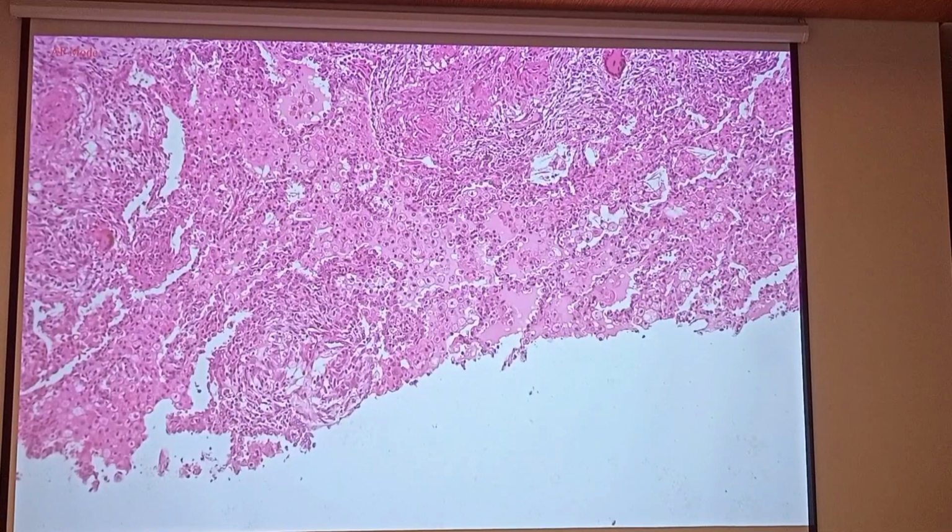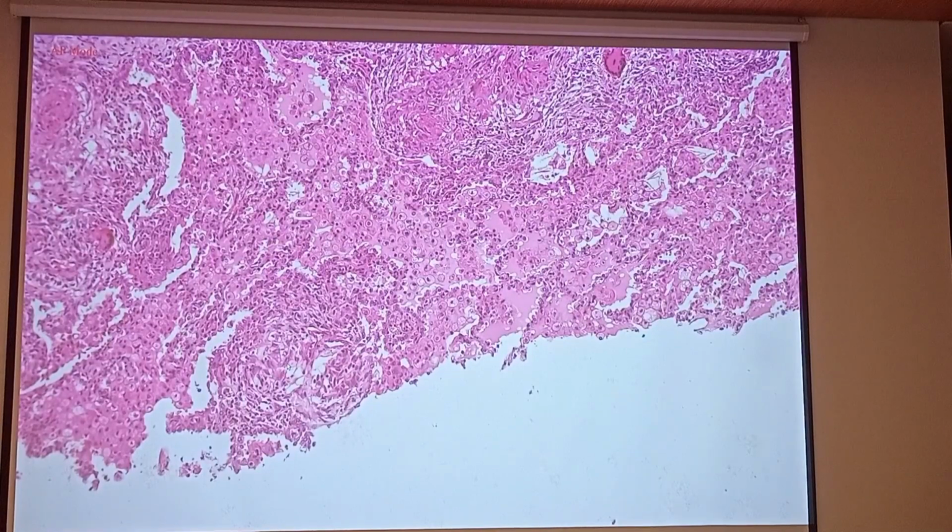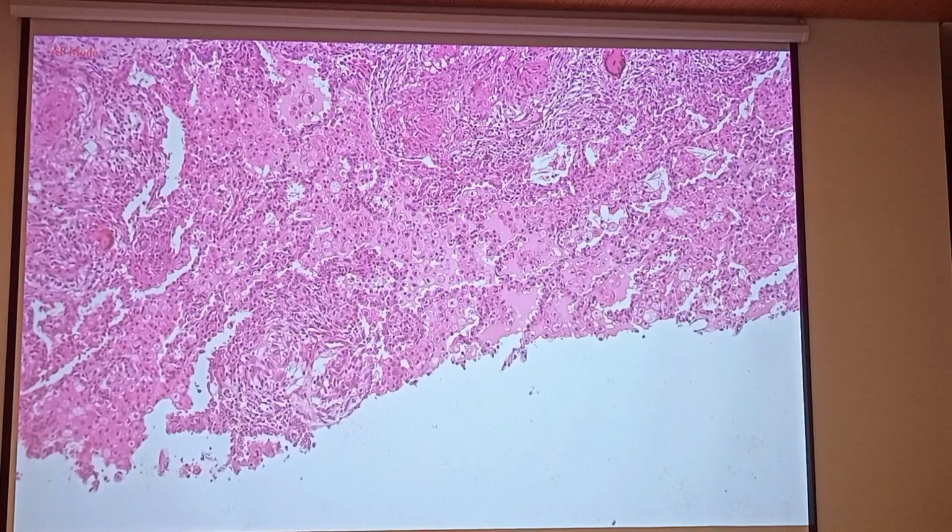But if you look at the ones in the granuloma, you can see that they are more of a spindle-shaped type. Like the upper layers of stratified squamous epithelium. That's why they're called epithelioid.